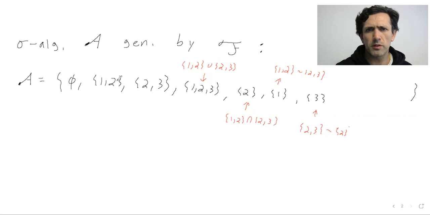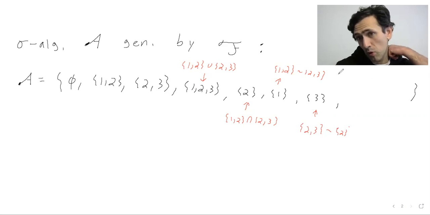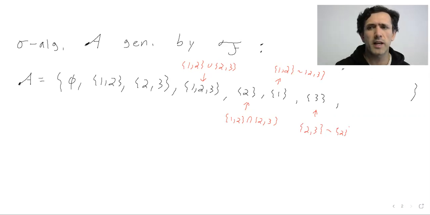So let's see, we've got 1, 2, 3, 4, 5, 6, 7. So we only have one more, and then we get the power set. We know the power set has 8 elements, there are 8 distinct subsets of the set containing 1, 2, and 3.